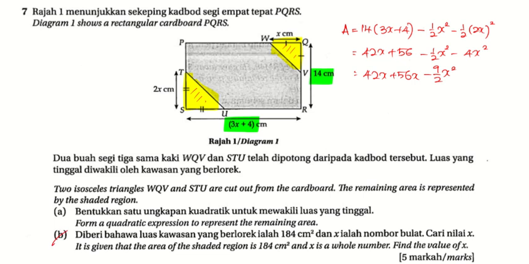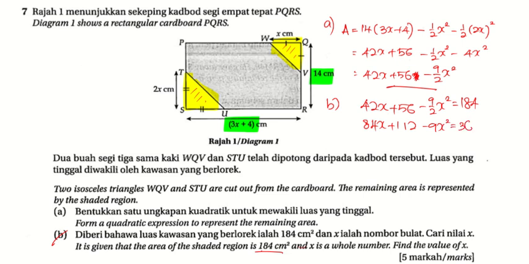Part B is given that the area of the shaded region is actually 184. 42x, here don't have x, plus 56 minus 9 over 2 x squared equals 184. Everything times 2, 84x plus 112 minus 9x squared equals 368.